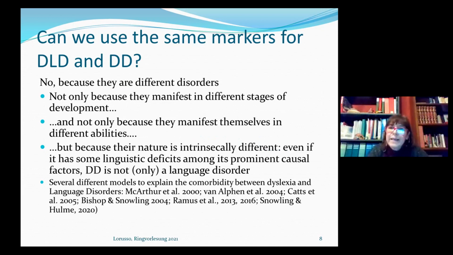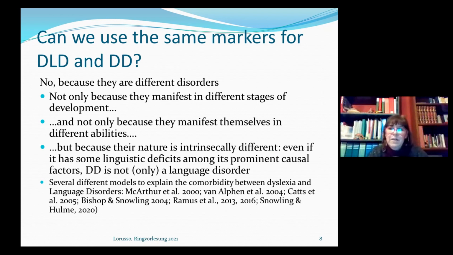Does this mean that we can use the same markers for screening? No, because even if there is an overlap between the two disorders, there are two different disorders. Not only because they manifest in different stages of development, and not only because they manifest themselves in different abilities, first language and then reading, but because their nature is different.